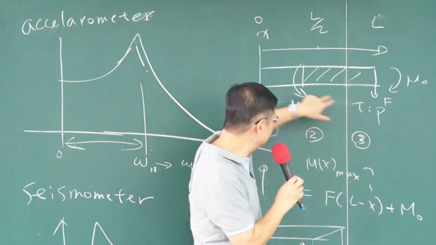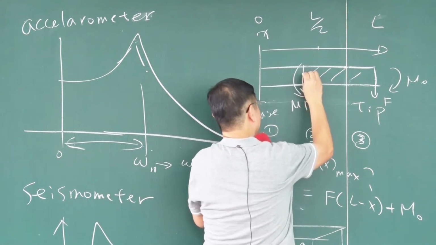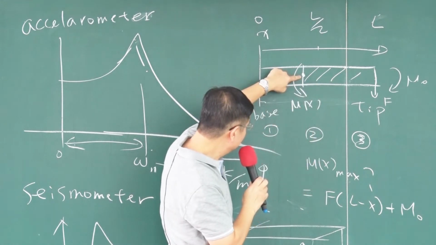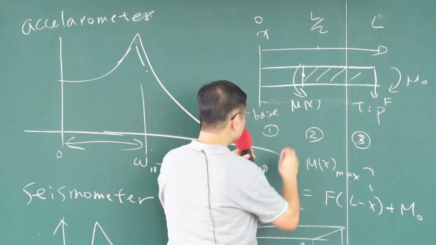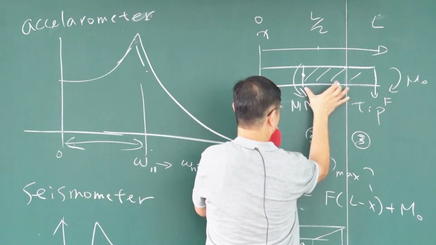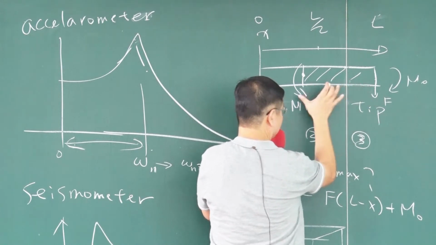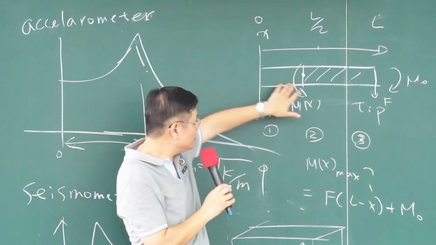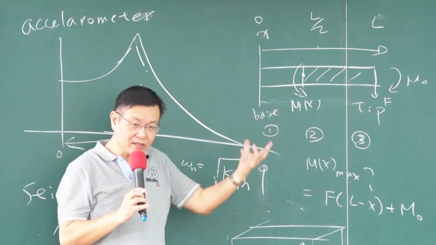if you consider a beam and the balance of the bending moment at this position, the Mx will be equal to M0 plus F times the arm. The arm will be the length here.